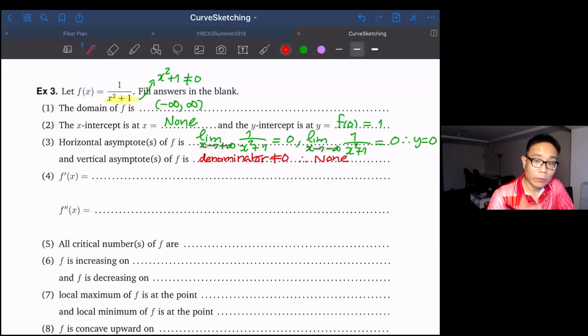For the next one, it's going to be for f prime. So for f prime, you're going to differentiate this one. In order to differentiate this, it's going to be 1 over u.